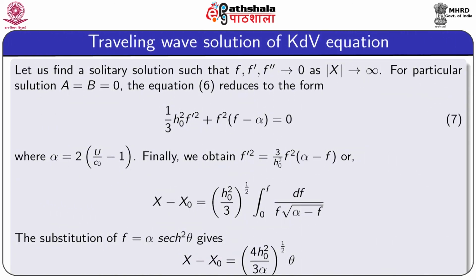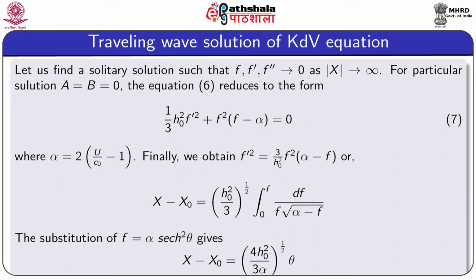Now, let us think about the solitary wave solution, that means the quantities f, f', f'' all go to 0 as mod X tends to infinity, and we think about that particular solution for which capital A equals 0 and capital B equals 0.